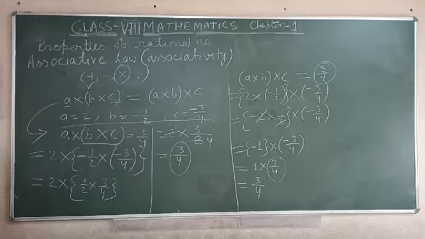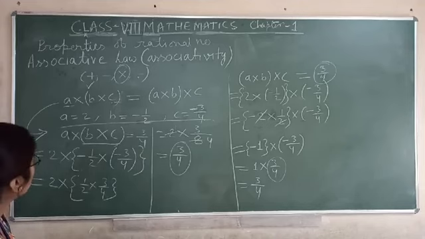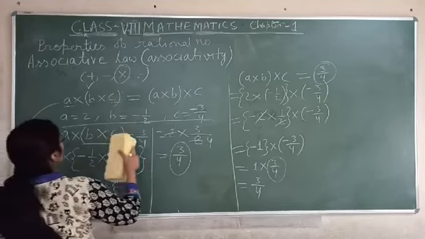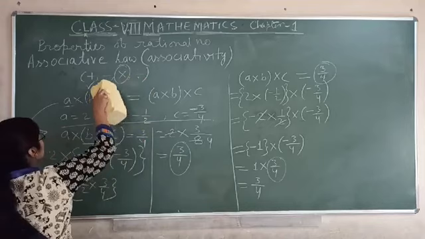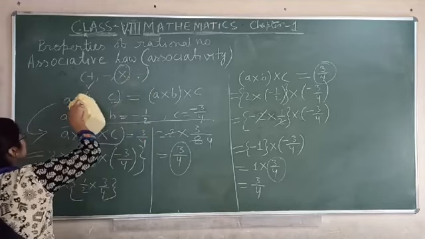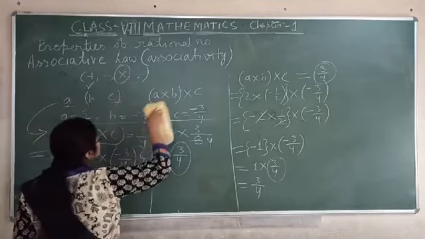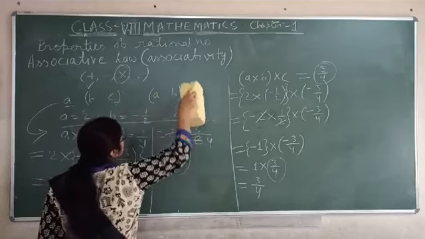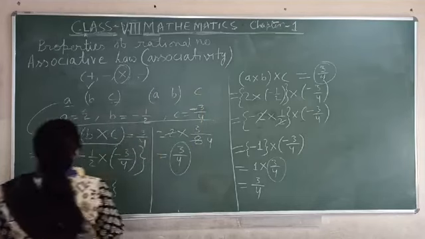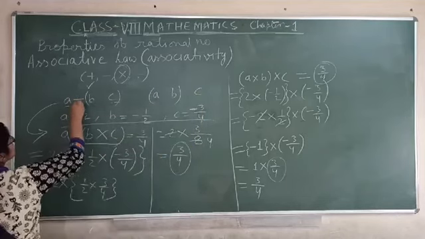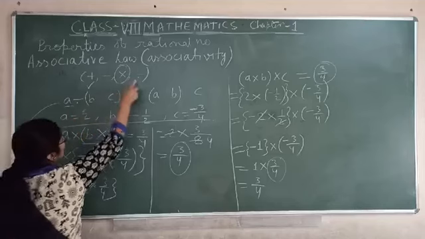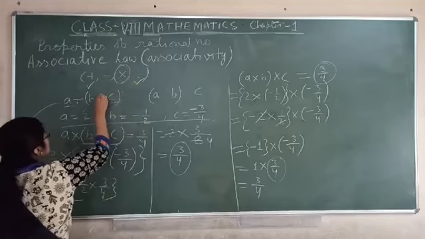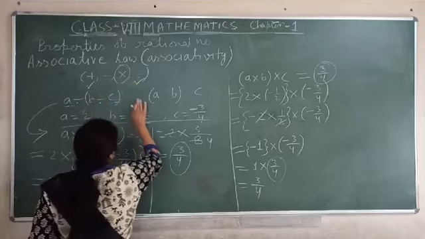Now it is applicable for multiplication. Now let's check for division. When you have to do division, everywhere in place of multiply we will put the divide sign. So look, for multiplication we put multiply here. Now we are taking division, so everywhere we will put the divide sign.